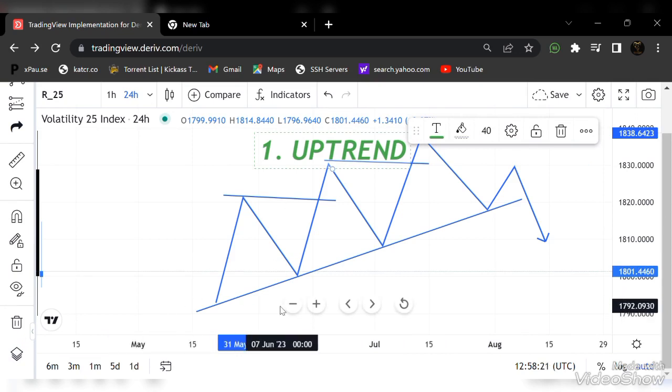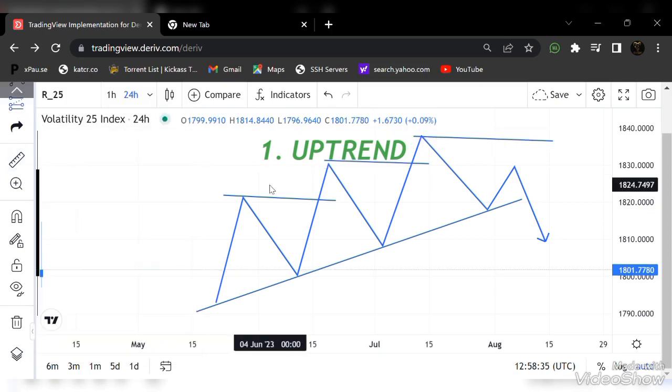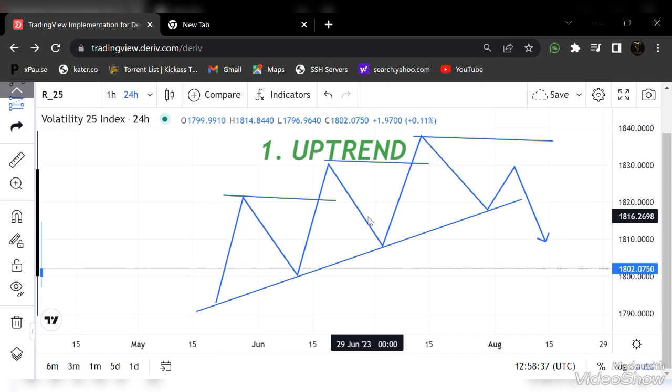And also, how would we trade an uptrend, right? We would trade an uptrend at this low.